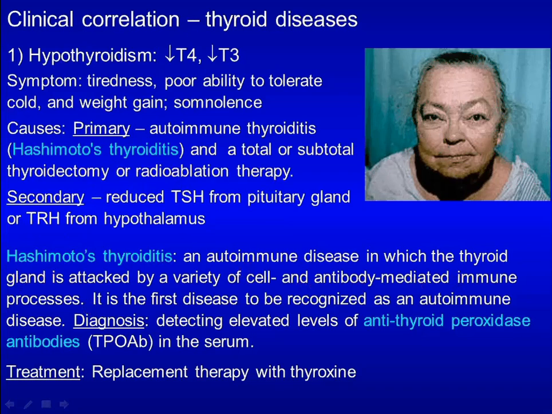It is the first disease to be recognized as an autoimmune disease. For diagnosis, measure the level of anti-thyroid peroxidase antibodies in the serum. Elevated levels of these antibodies provide evidence for Hashimoto thyroiditis. For treatment, apply replacement therapy with thyroxine.